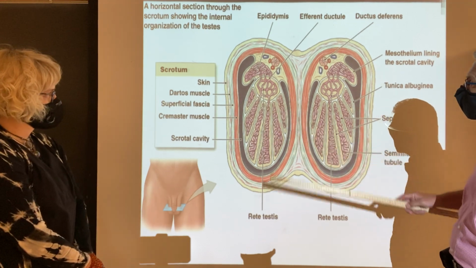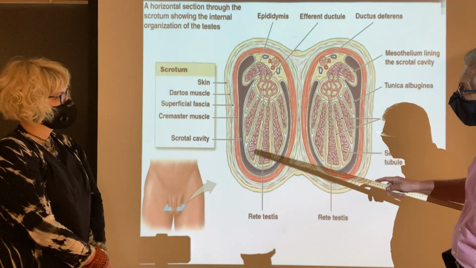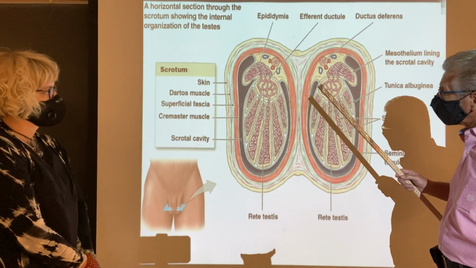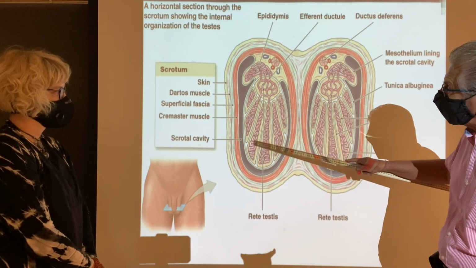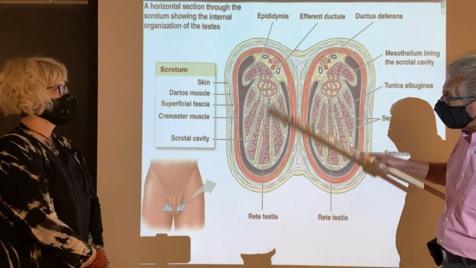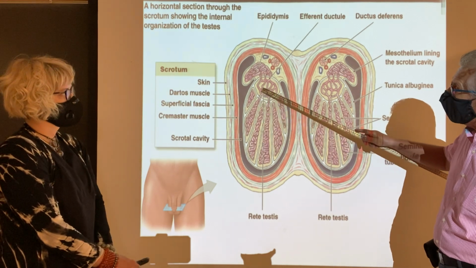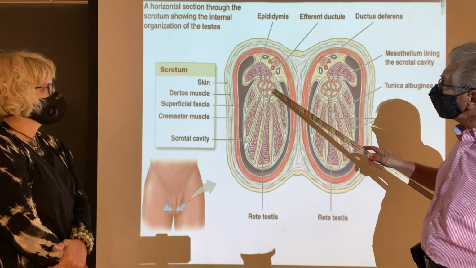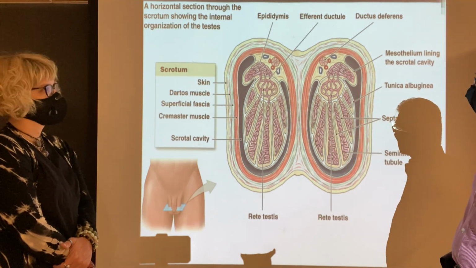There are numerous compartments in here where these seminiferous tubules are producing the sperm. And when I say producing the sperm, these sperm are now migrating. They're growing, so that we had mitosis and meiosis, and now they are ready to travel. They're very immature.